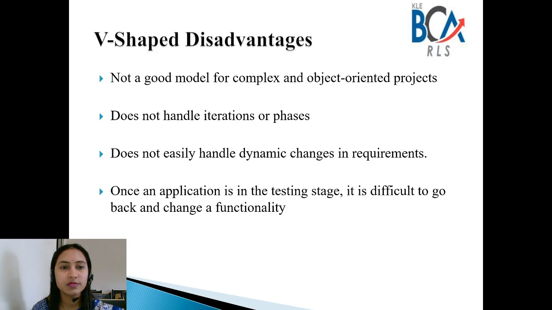But in this V model, you cannot have those iterations or phases, and it does not easily handle dynamic changes in the requirements. As and when I get a new change from the customer, I cannot have that change in my product, because I have started the next phase, but the change was supposed to happen in the previous phase which I have already finished. So it is not easy to handle the dynamic changes which come from the customer.